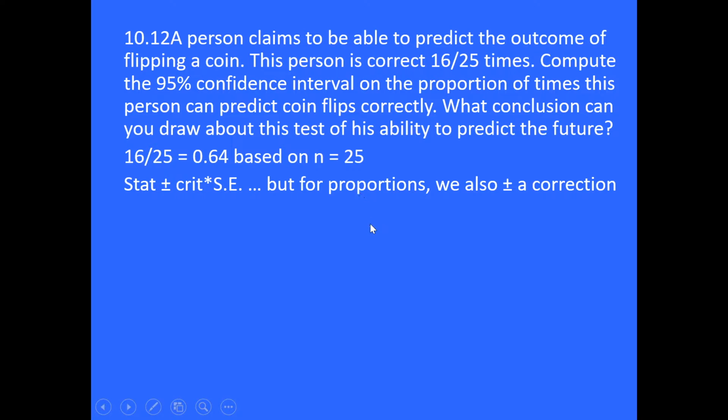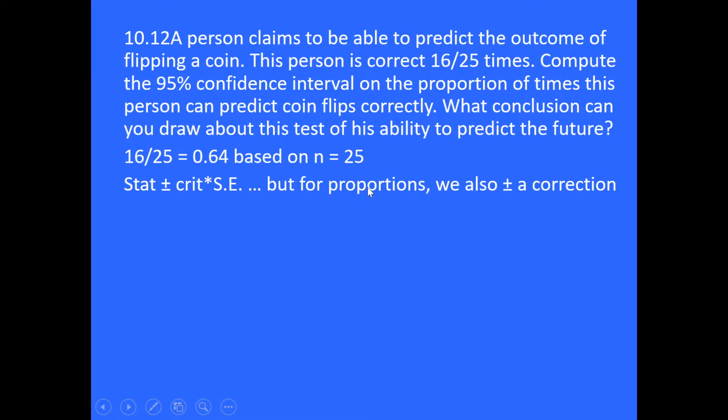As you probably learned by working through these problems, confidence intervals always involve a statistic of some sort, plus or minus a critical value times a standard error. In this example, the critical value is going to be from the normal distribution because we use that to approximate what's going on with proportions.